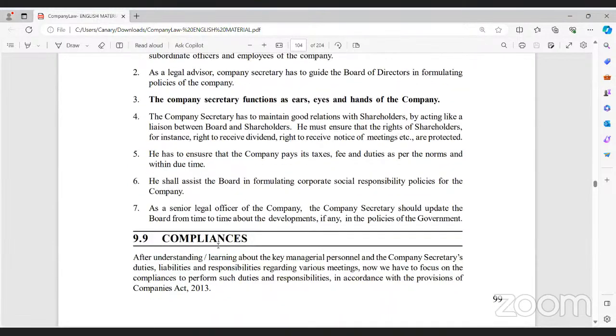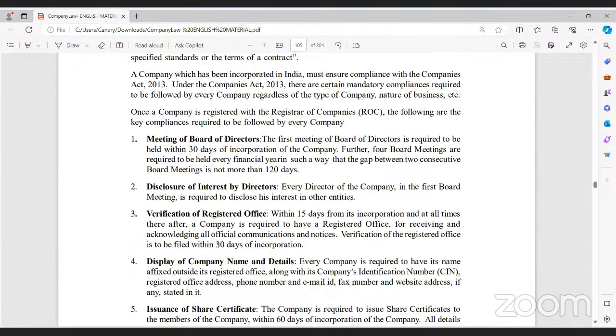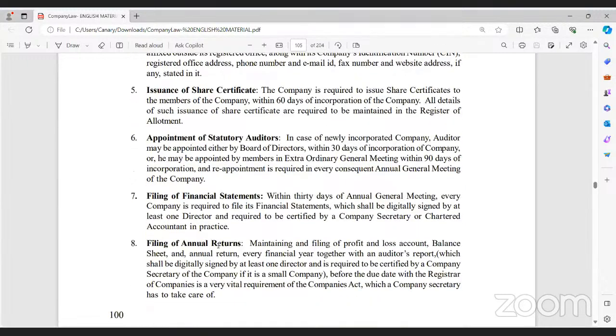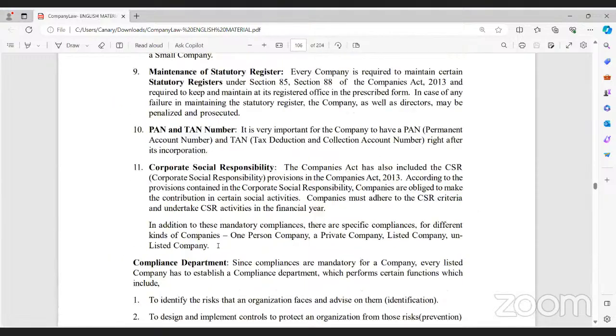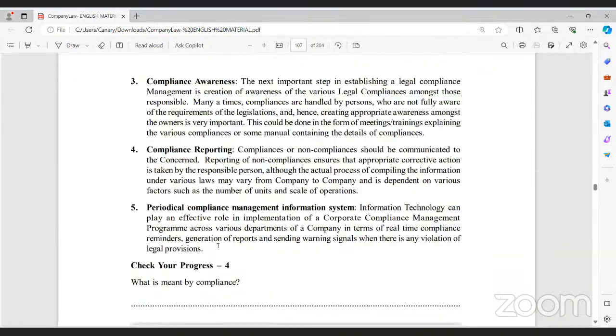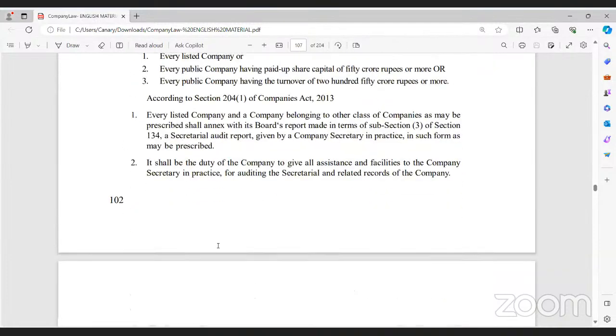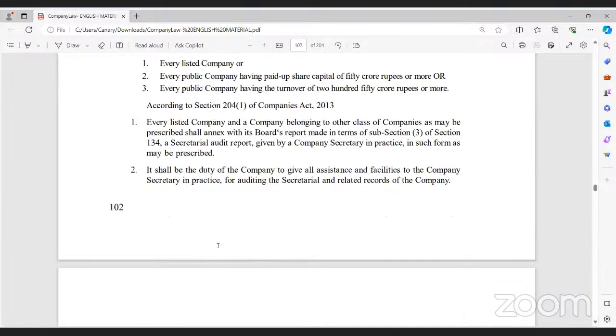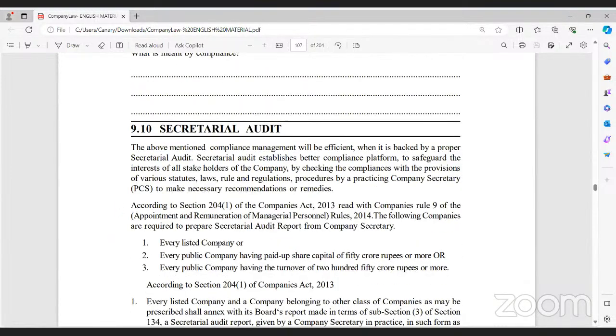Other functions are not necessary. What are the legal compliances? Not necessary. This much you will not need to remember, as a commerce student. Understood till now? Secretary audit, he may ask a short answer.